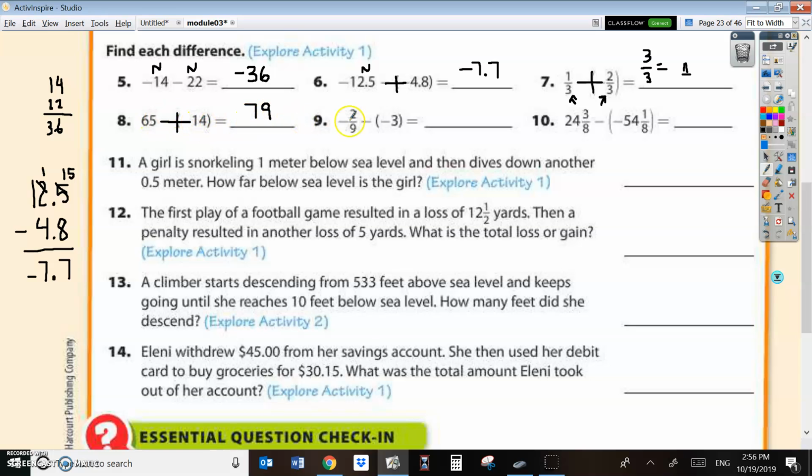Okay, this problem is a little more interesting because we have several things going on. First of all, subtracting a negative is like adding a positive. So now, here's the problem, I'm going to give myself a little more room to work. Make my eraser bigger.